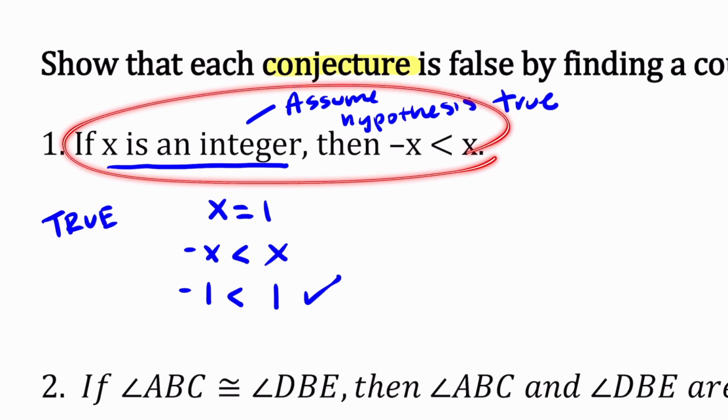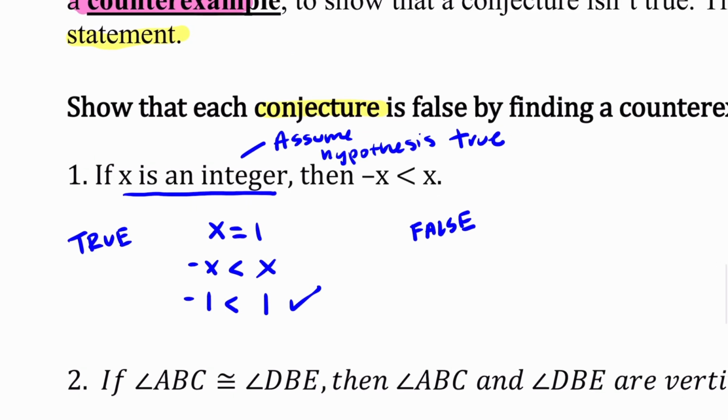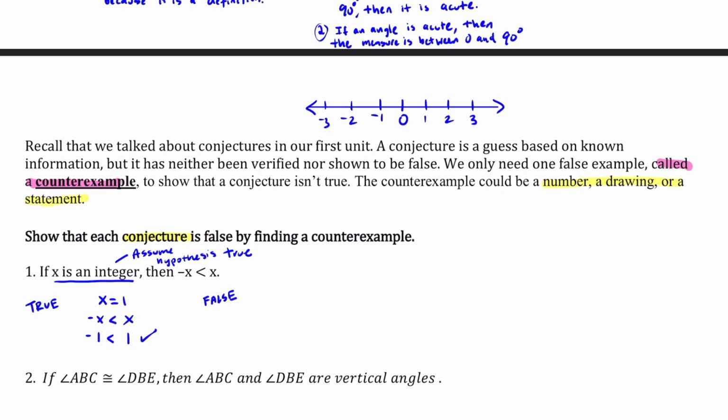However, this conjecture is false because I'm going to prove it with a counterexample. So let me show you a false example. What's an integer that will show this conjecture is false? Again, what do I need to do? We only need one false example, called a counterexample, to show that a conjecture isn't true.